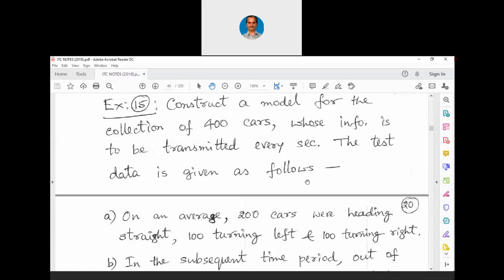Imagine on a highway there are 400 cars. And imagine the information of these 400 cars has to be transmitted to the nearest traffic police station. Now there are 400 cars, their information has to be transmitted every second.